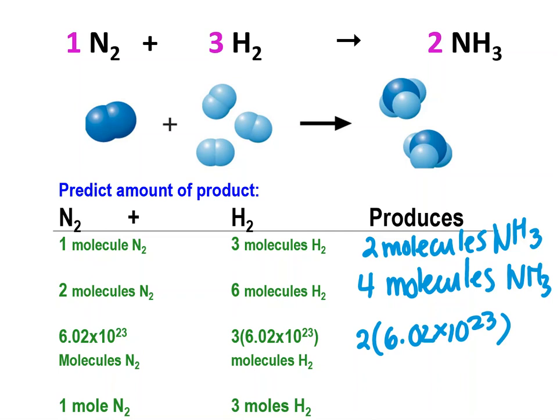Anyway, the whole reason that we did that one was to say that this is basically a mole ratio. In other words, for every 1 mole of nitrogen and 3 moles of hydrogen, I can get 2 moles of NH3. So this gives us a way to use these coefficients in terms of number of moles.